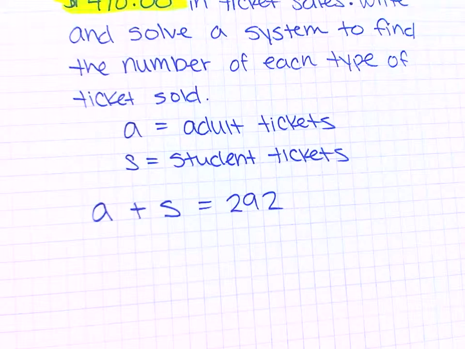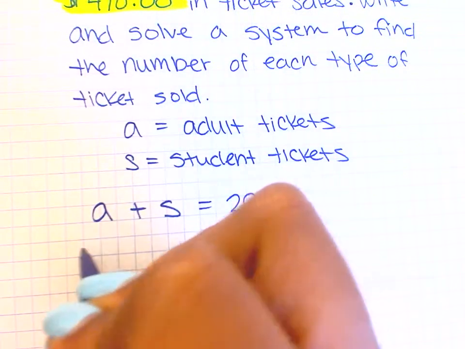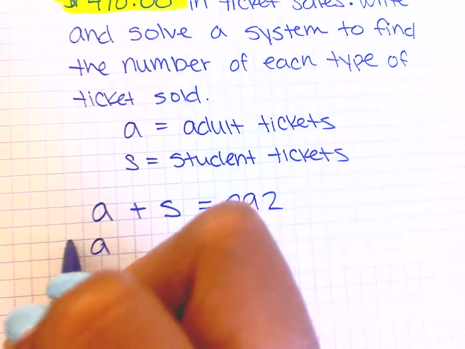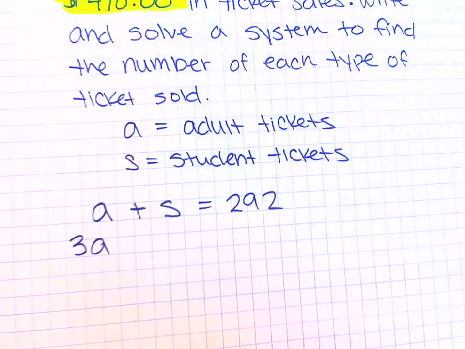Our second equation has to be how much the adult was, how much the student was, and the total amount that we have. There were adult tickets, but they were $3 each. So 3 times the adult tickets, right? If I had 10 tickets from adults and multiplied that by 3, I made $30.